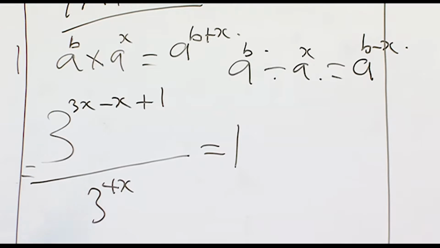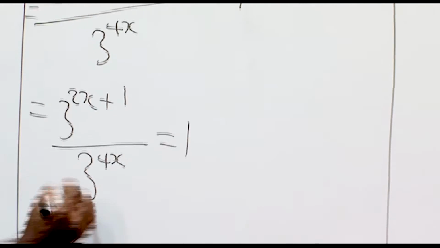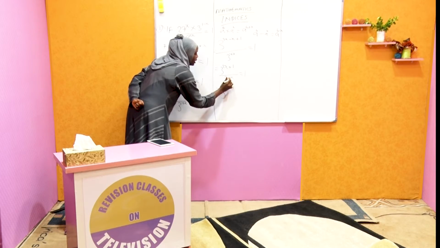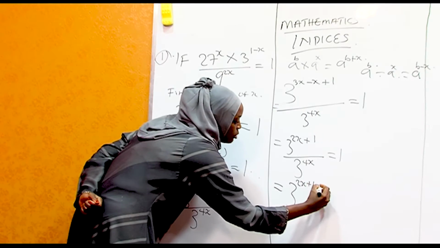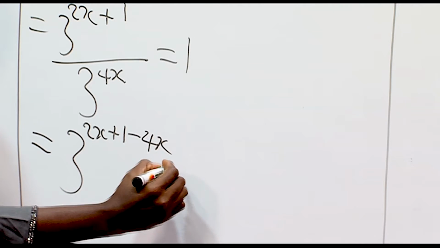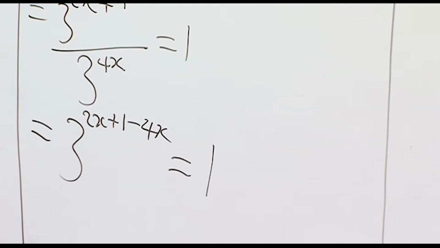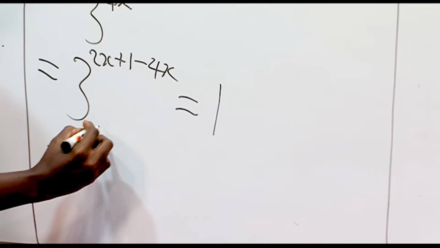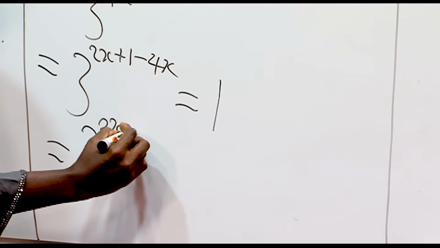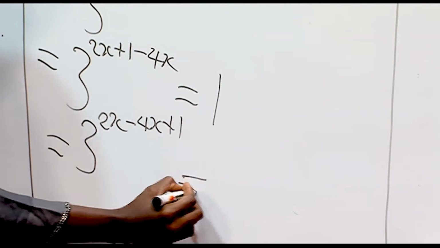So applying that law, in this case, we have 3 raised to power 2x plus 1, minus 4x, equals to 1. The next is you evaluate this by collecting like terms as you did earlier. This will give me 3 raised to power 2x minus 4x plus 1 equals to 1.